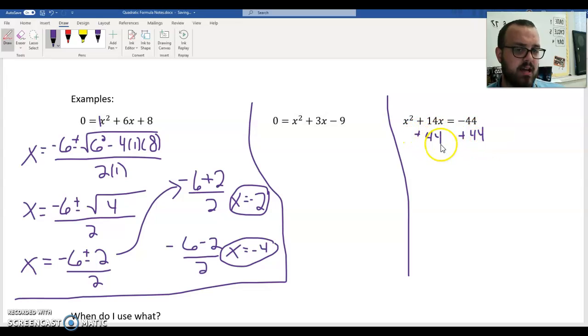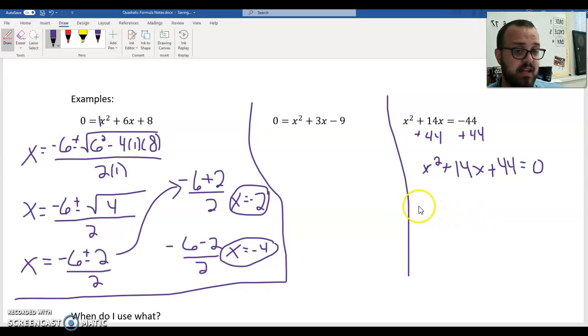And so I'm going to end up with x squared plus 14x plus 44 equals 0. And now we'll go ahead and do the quadratic formula.